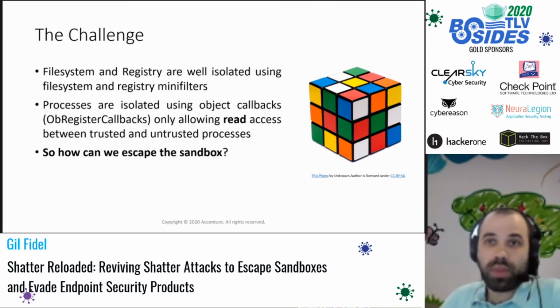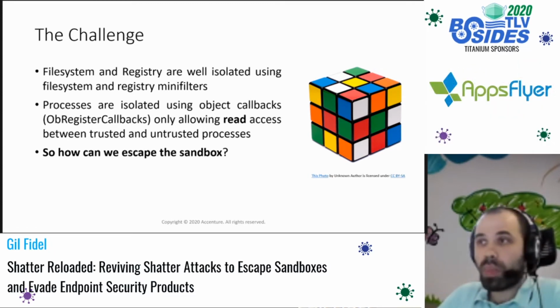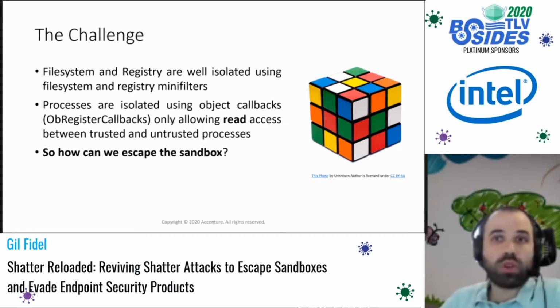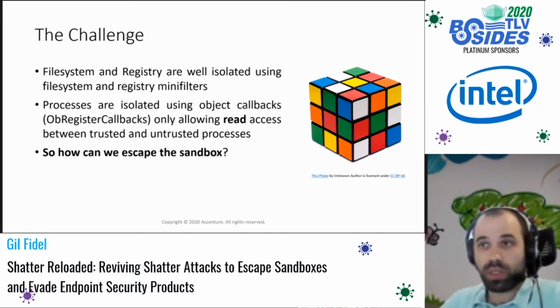That was the first thing we tried. We wanted to, for example, try injecting code into a trusted process, but that was denied. So we couldn't open a trusted process with write access, but we actually were able to open it with read access, which proved useful afterwards, as we'll see.